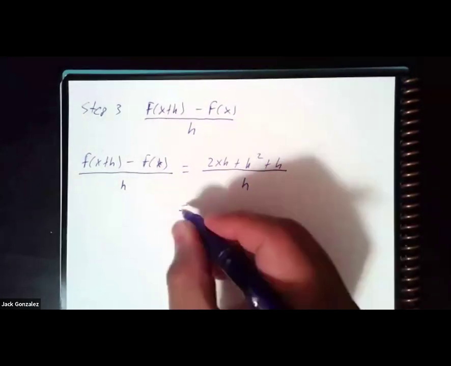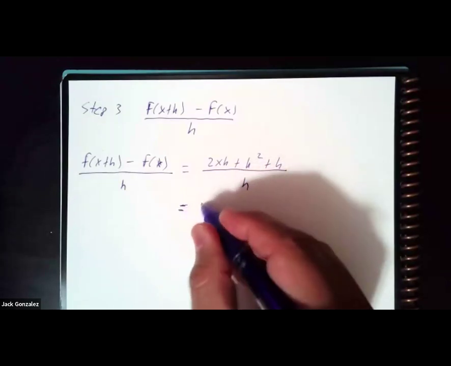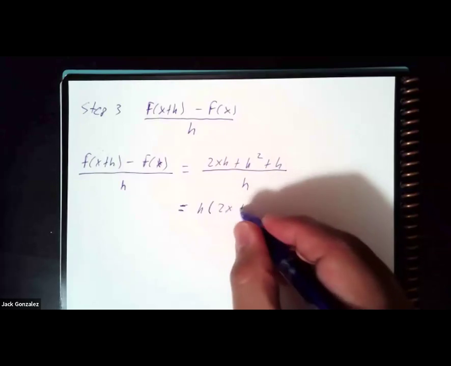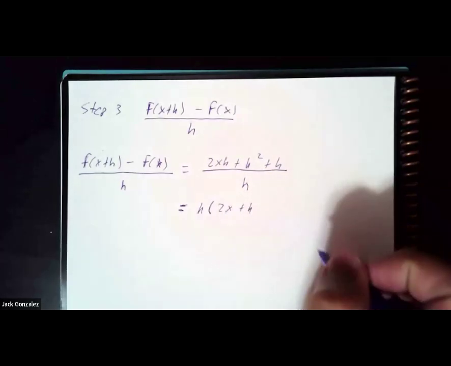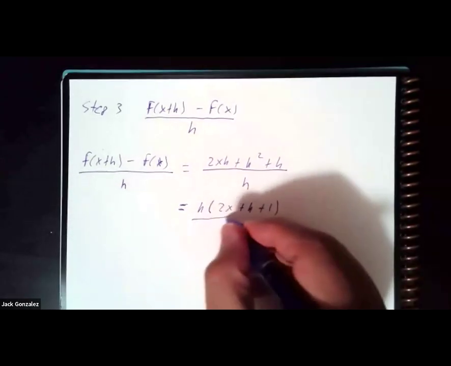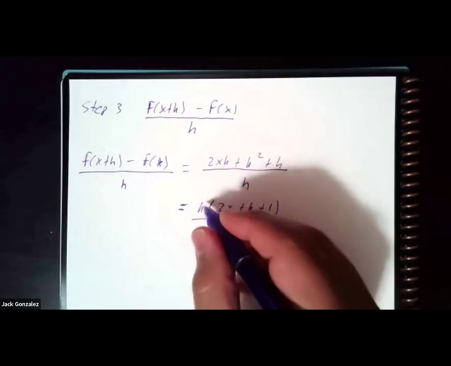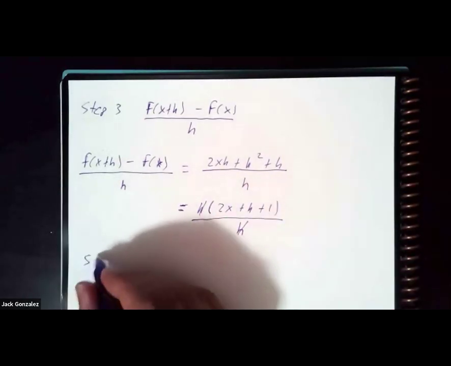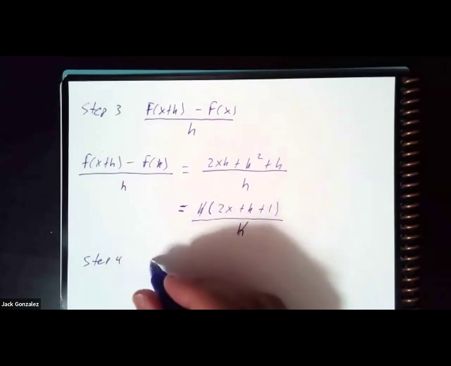Factor your h out. Now this is where it's supposed to cancel. If it doesn't, or you can't cancel it or factor it, then you probably did something wrong. At this point, just take the limit.